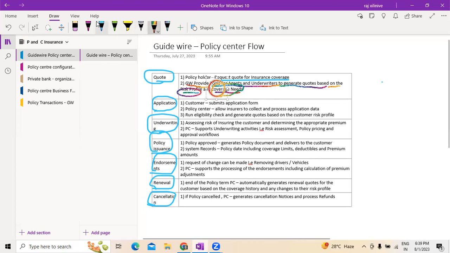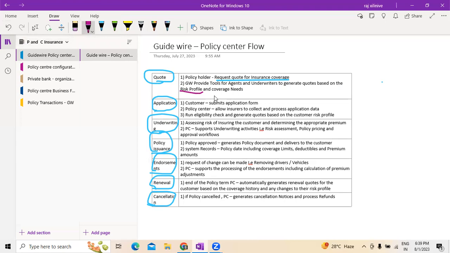So risk followed by coverage are the two parameters. Based on these two parameters, the generation of quotations will be done by the different tools we normally use in Guidewire.